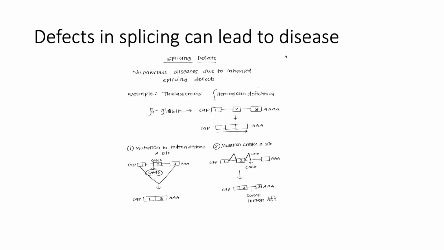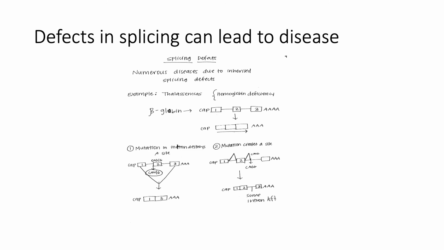Now, all of these, I'd say the vast majority of these splicing defects are genetically inherited. That means that the mutation is in the germline and is in the DNA.